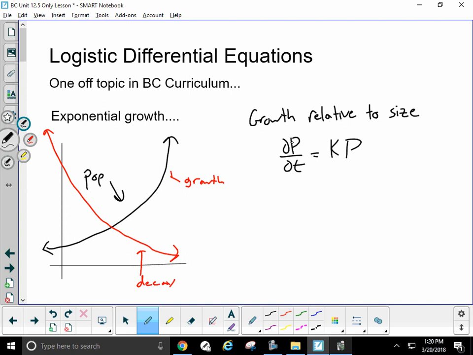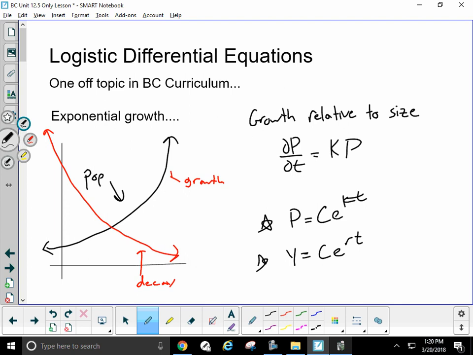And if you solve this differential equation, you get P equals Ce to the kt. This should be familiar to you, because in physics or in past math classes, you've used y equals Pe to the rt, or Pert, before. P equals Ce to the rt, or y equals Ce to the rt. There are all different ways that you've seen this. And you can solve this differential equation and you get that.